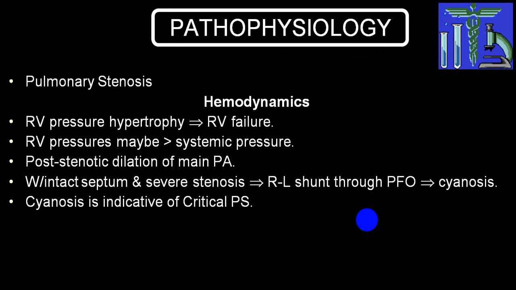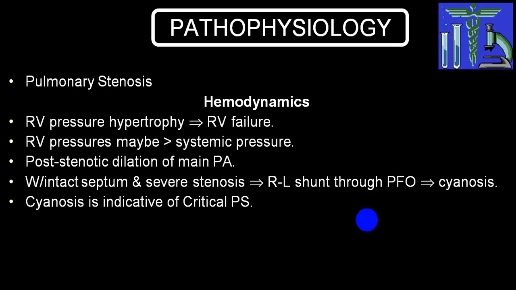Now, depending upon the severity of pulmonary stenosis, usually they are mild, and when they are mild, there is an increase in afterload on right ventricle because the area of pulmonary valvular opening during right ventricular systole is narrow, so it increases the resistance, and because of increase in resistance, the right ventricular pressure is increased because of increase in afterload, because there is increase in pulmonary vascular resistance, and that will result into right ventricular hypertrophy.